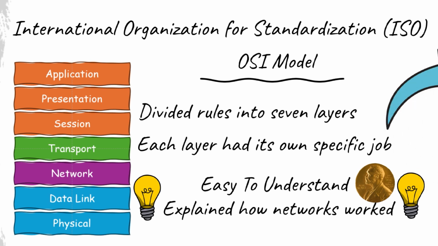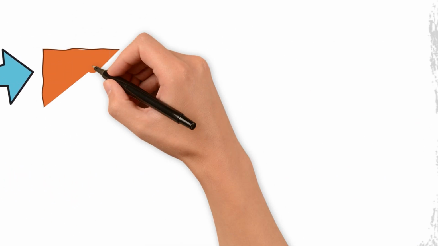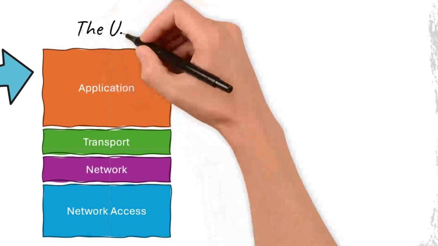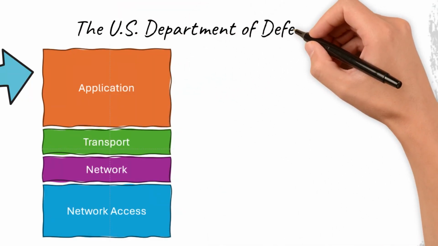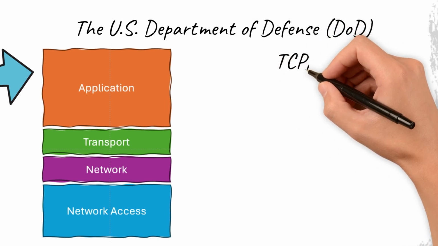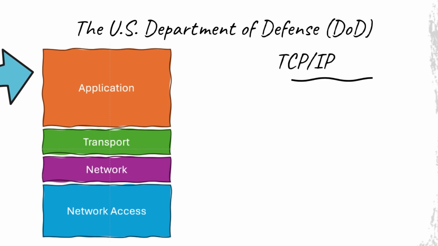At the same time, another group was working on the same problem, but in a more practical way. The U.S. Department of Defense, DoD, joined researchers from top American universities. Together, they created a simpler, practical model called TCP/IP.